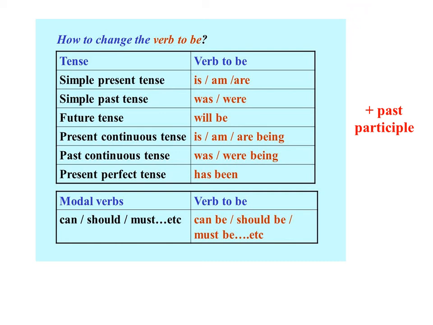So the same for the past continuous and present continuous, you have being. Okay. And for the perfect tenses, you have been, either the present perfect or the past perfect. So it's plus been plus past participle. For the present perfect, you have has and you have. Okay. Has for singular and have for plural, plus been plus, of course, the past participle here.